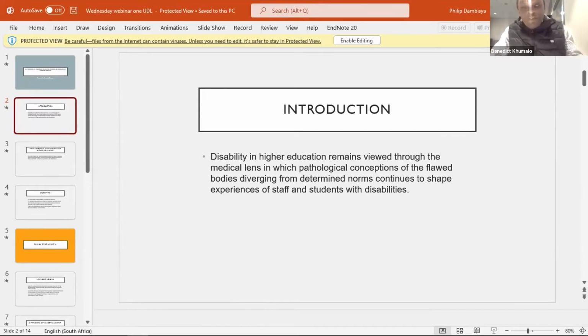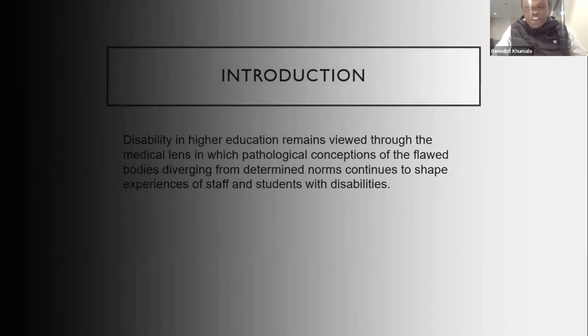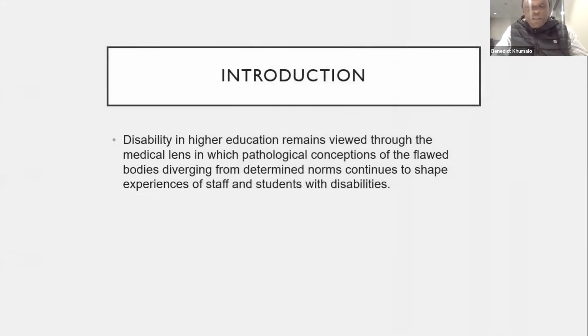Second slide there, Philip. But then, as we have seen in the Fees Must Fall scenario in 2016, that brought so many inequities that exist within the universities around decoloniality and whose voices.